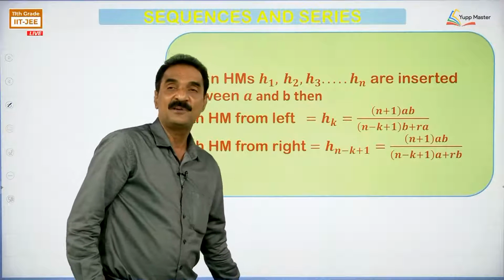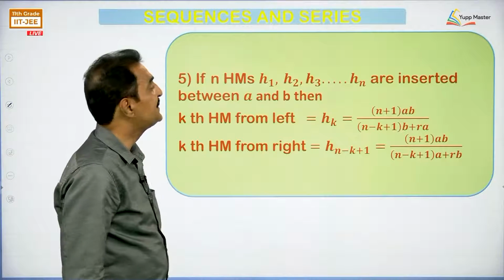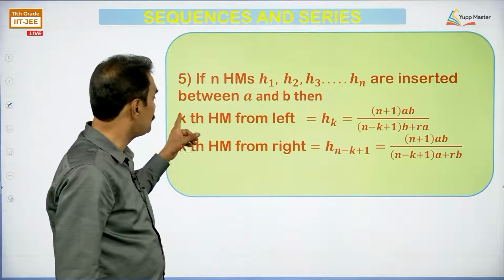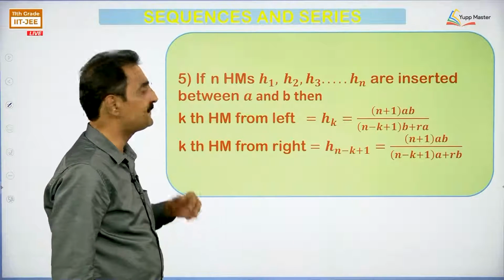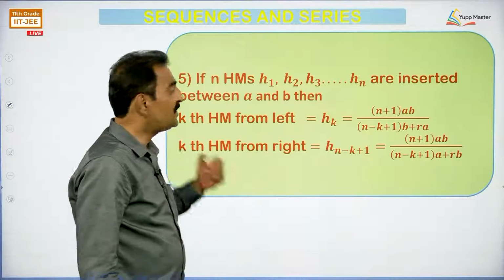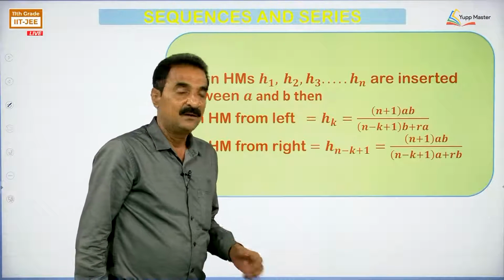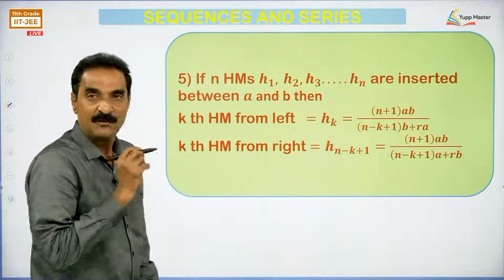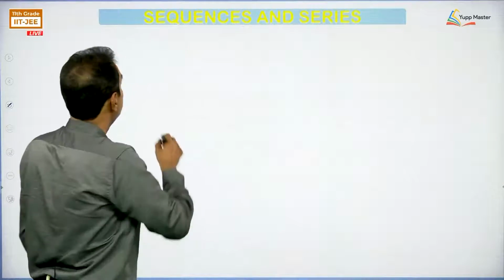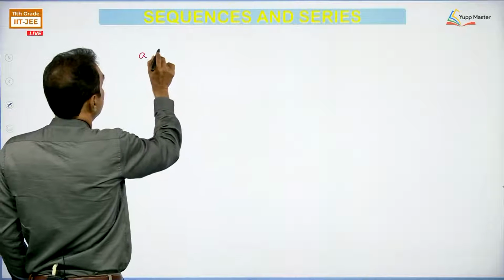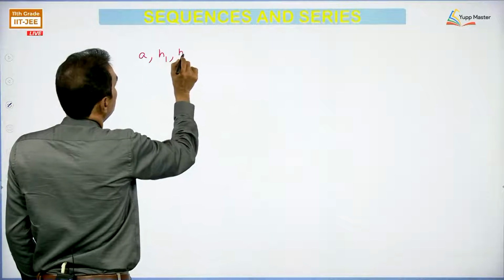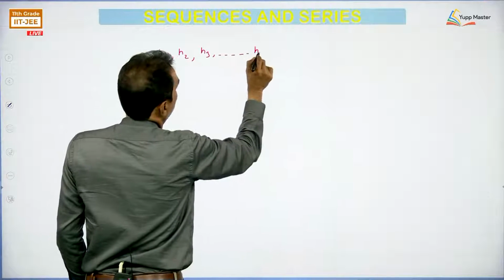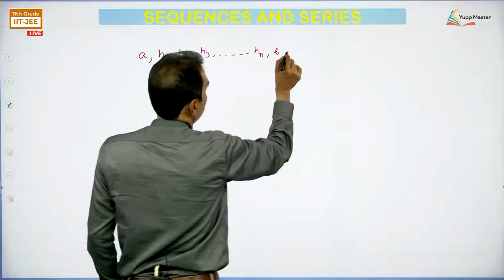Next, if n harmonic means H1, H2, H3 and so on Hn are inserted between A and B, then how to find a particular harmonic mean from left? You need not derive again. Between A and B, you have written n harmonic means. So, A, H1, H2, H3 and so on Hn, B are in HP.